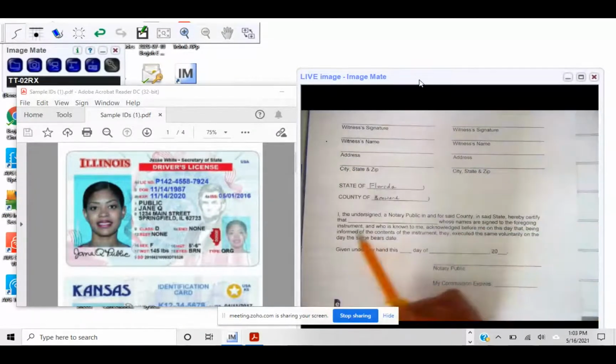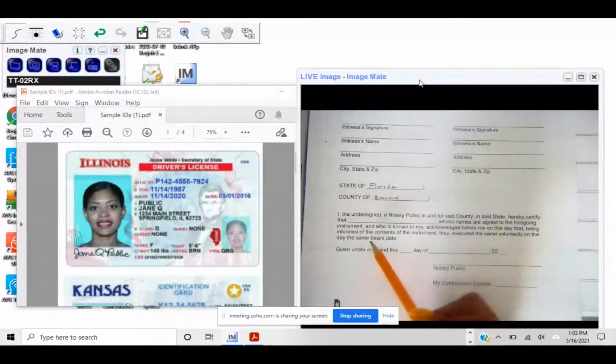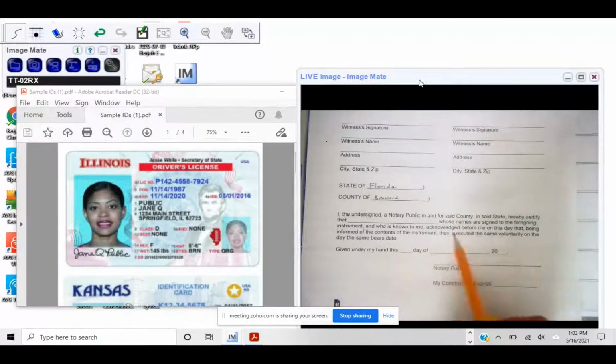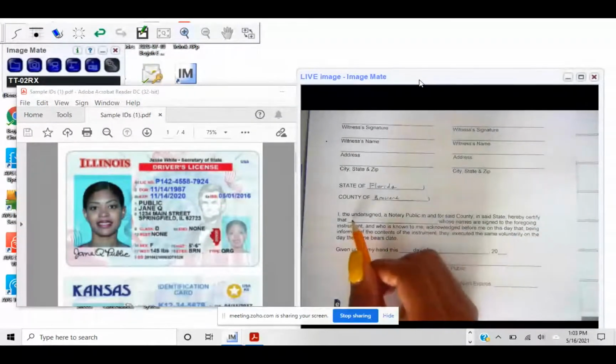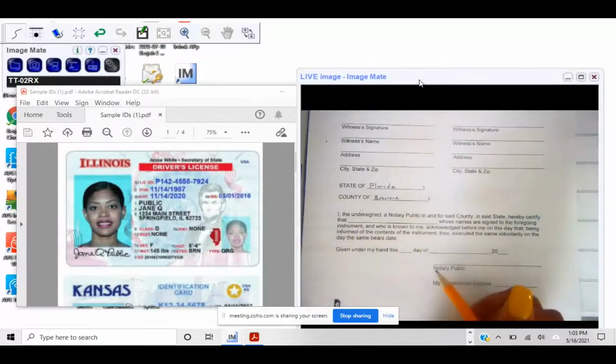I, the undersigned, a notary public in and for said county and said state, hereby certify that blank, whose names are assigned to the foregoing instrument and who is known to me, acknowledged before me on this day that, being informed of the contents, they execute the same voluntarily. Now, you're going to have to put everybody's names in here, because you're acknowledging everybody's signatures.